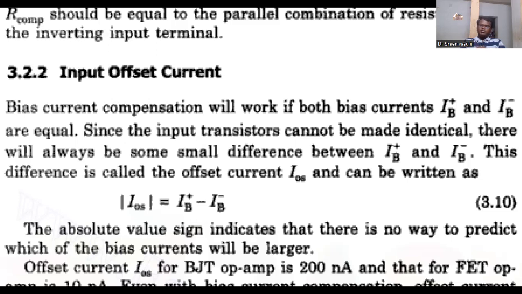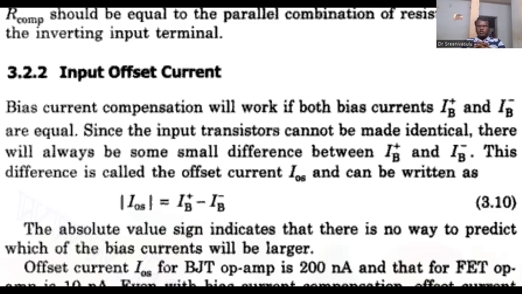What is IB minus? The current drawn by the inverting terminal base. Because these two are not identical, there may be some slight difference. This difference is called the offset current, IOS.